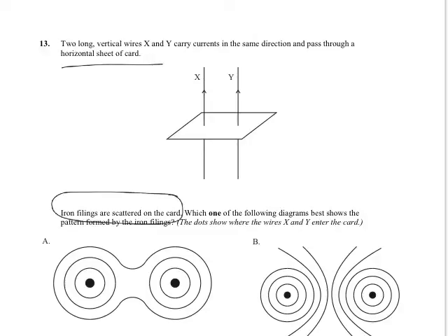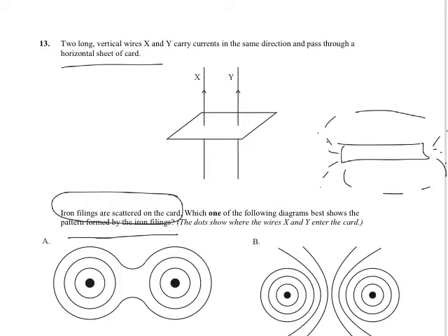Now you should remember that the iron filings were the same as the ones we used when we were looking at bar magnets. And what they do is they show you very clearly what the field lines around a bar magnet will be. So it's asking you which one of the following diagrams shows the pattern formed by the iron filings.